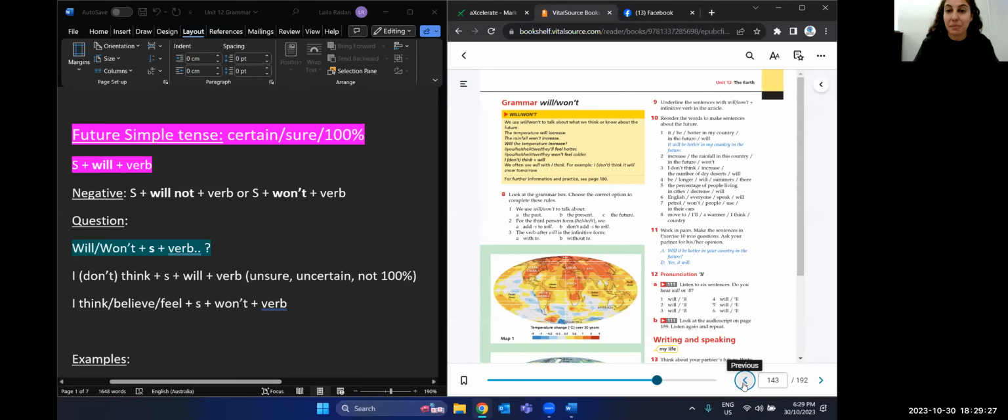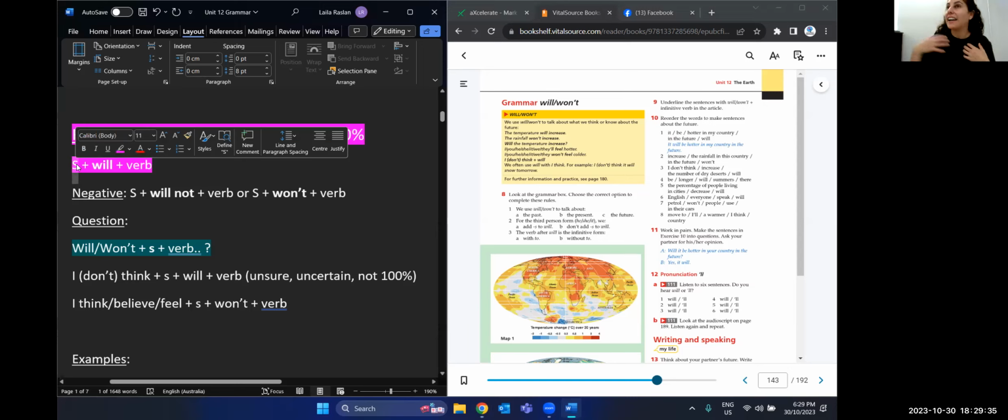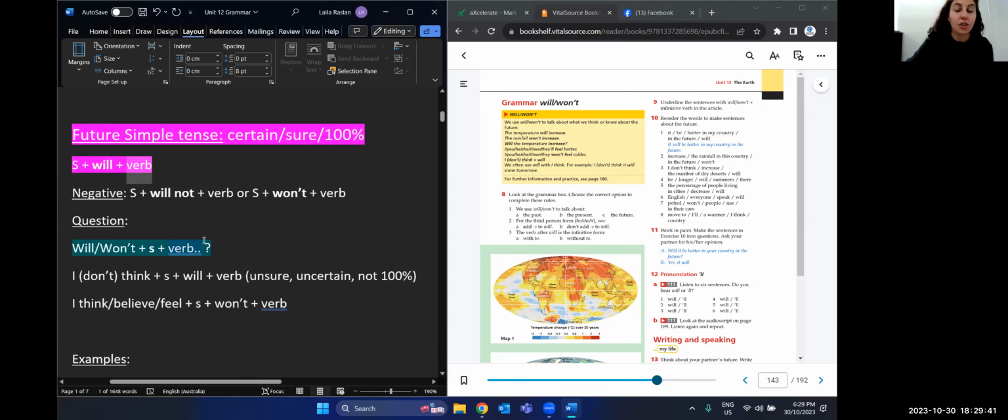We're going to give some information about the future. So we just say will and then add the verb. So you have your subject, I, you, he, she, it, we, they. Then you put will and then you put the action. So for example, I will work tomorrow. The temperature will increase.